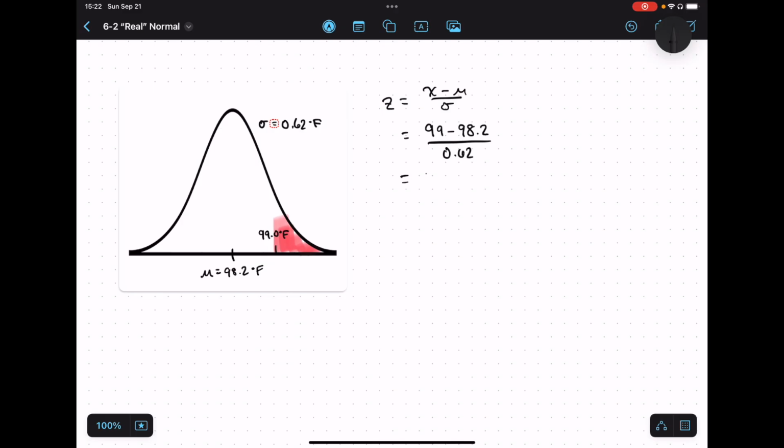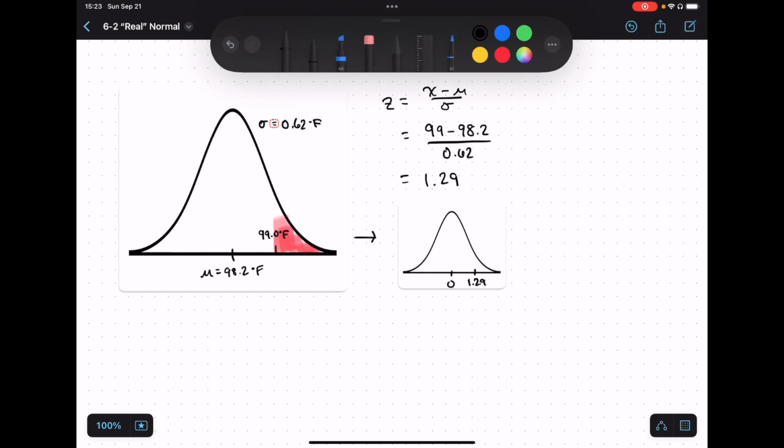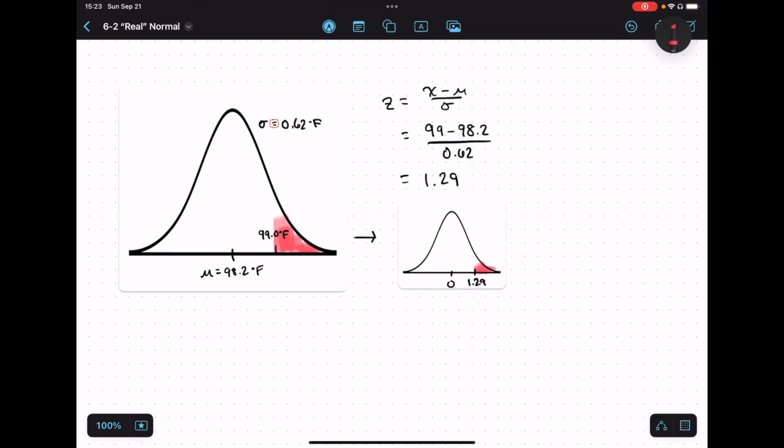Rounded to 2 decimal places, our z-score is 1.29. Basically, we've converted what we had to a standard normal distribution, where our z value is 1.29, and now we can use our table to look up the area under the curve.